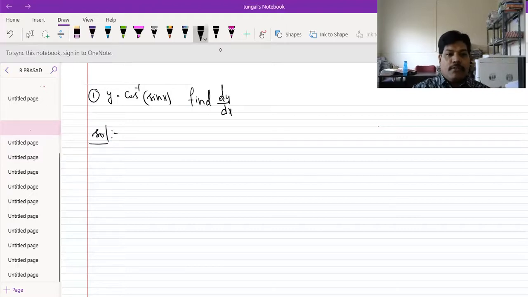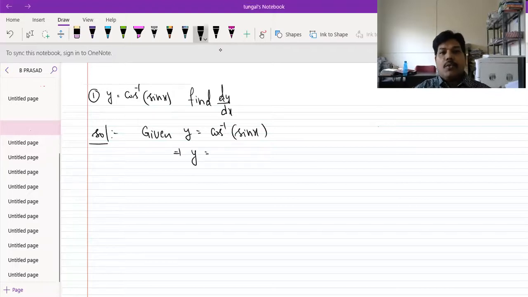Given y is equal to cos inverse of sin x, that implies you can write y is equal to cos inverse of this sin x. You can write it as cos inverse of cos of pi by 2 minus x.